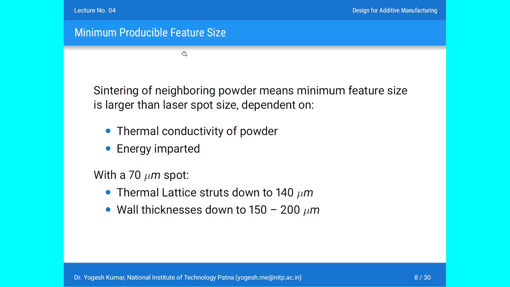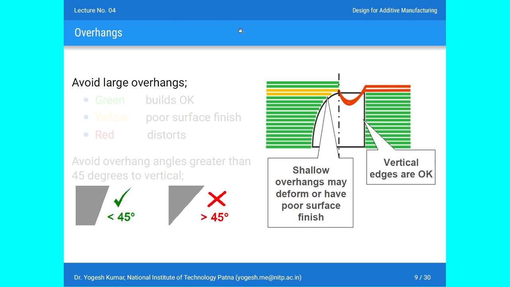In the case of metal additive manufacturing, your first issue was feature size.